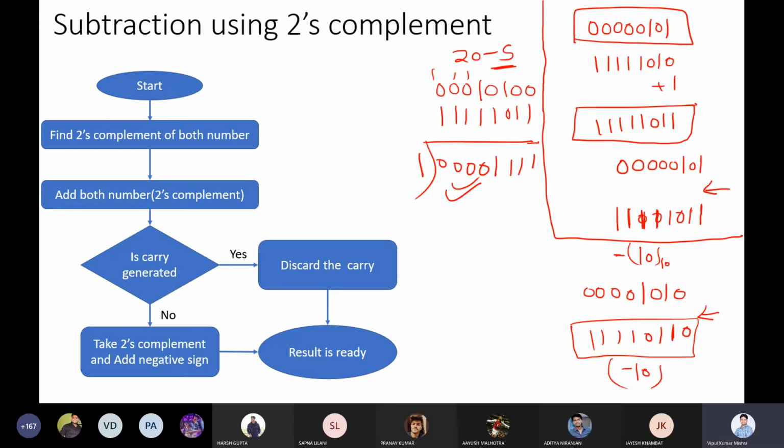Let me open the flow chart for you. So you have to solve 5 minus 20. Here minus 20 will be represented in 2's complement. Try to solve quickly.